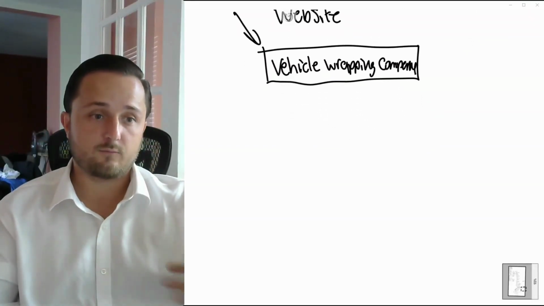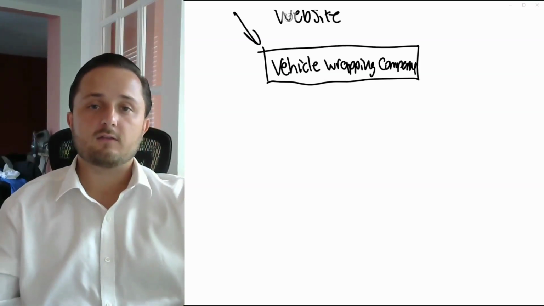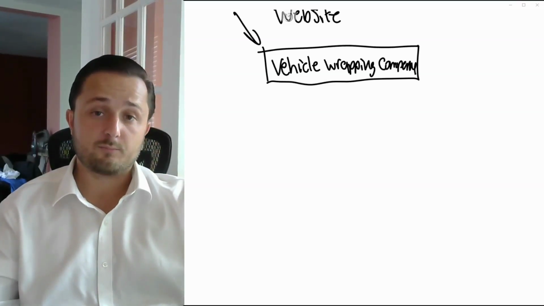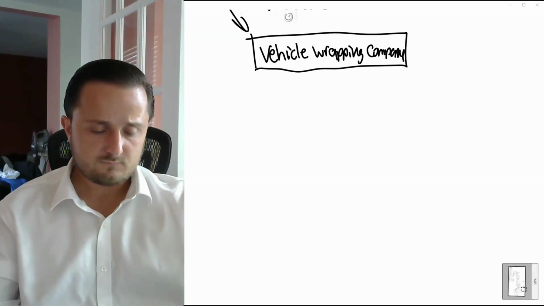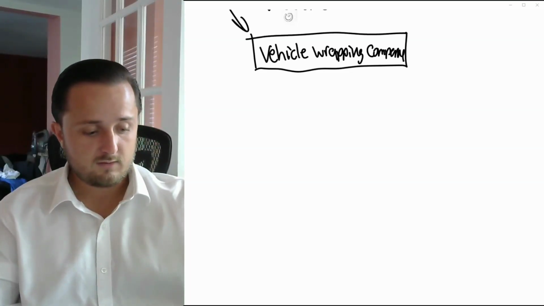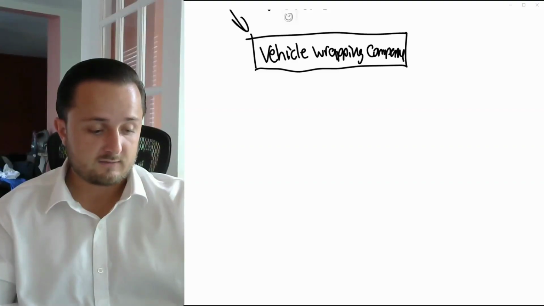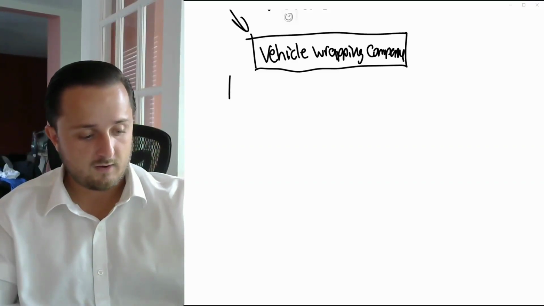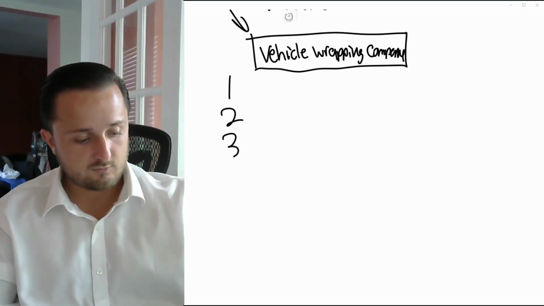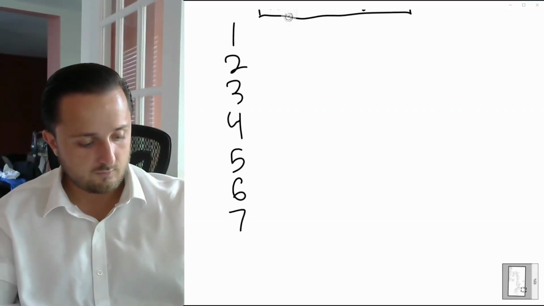Someone's looking to have one of their work trucks wrapped, maybe they want their boat wrapped, or maybe they're just looking for pizza near me. If the website is not optimized, it's very similar to the Google Business Profile. You're going to start ranking lower and lower.